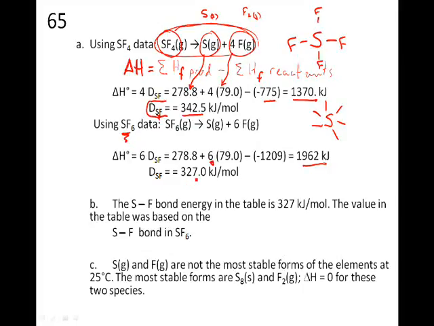Divide that by 6 because we have 6 of the bonds, and so we get 327. Now it says the bond energy in the table is 327. So the value in the table must have been based on this calculation or this reaction.